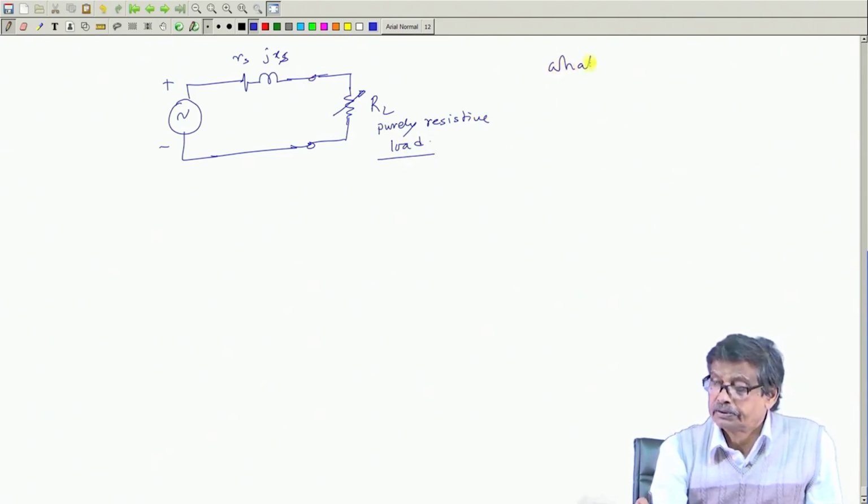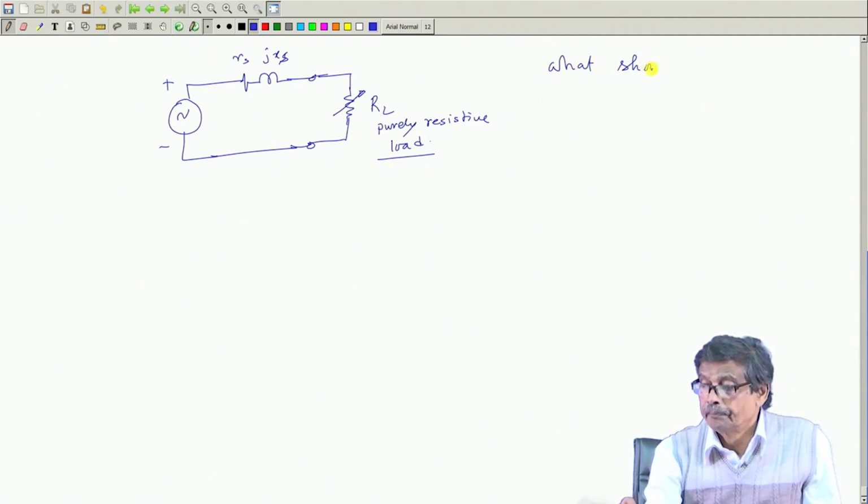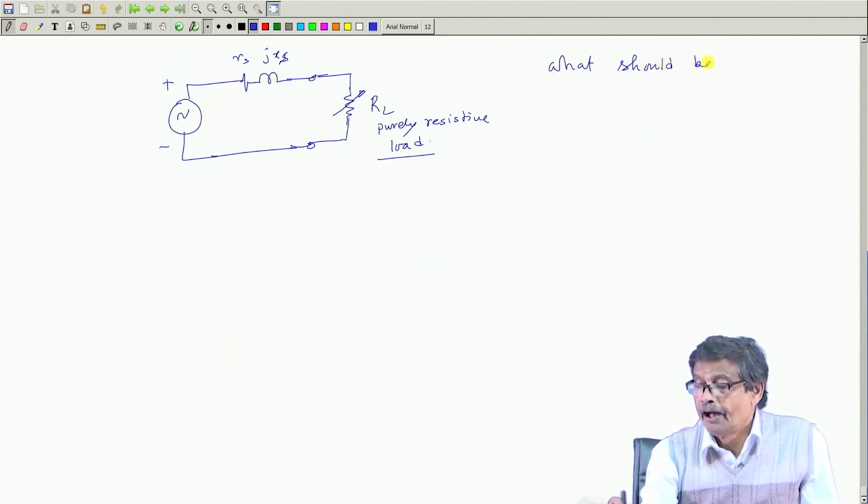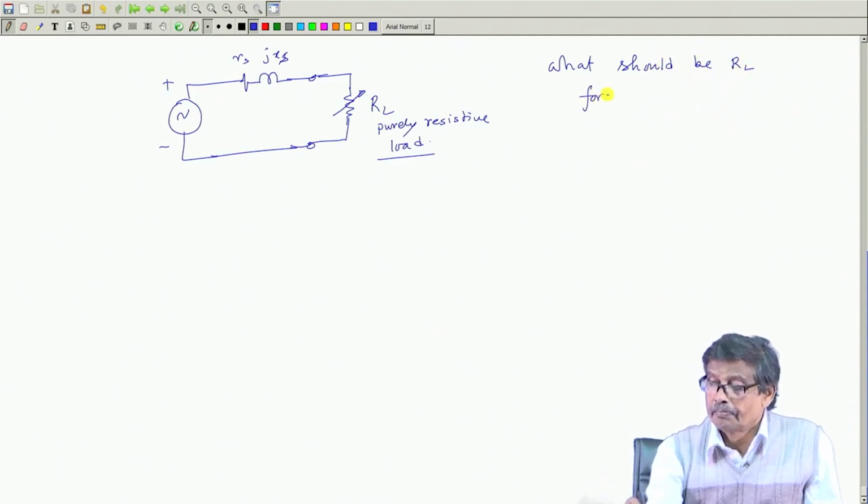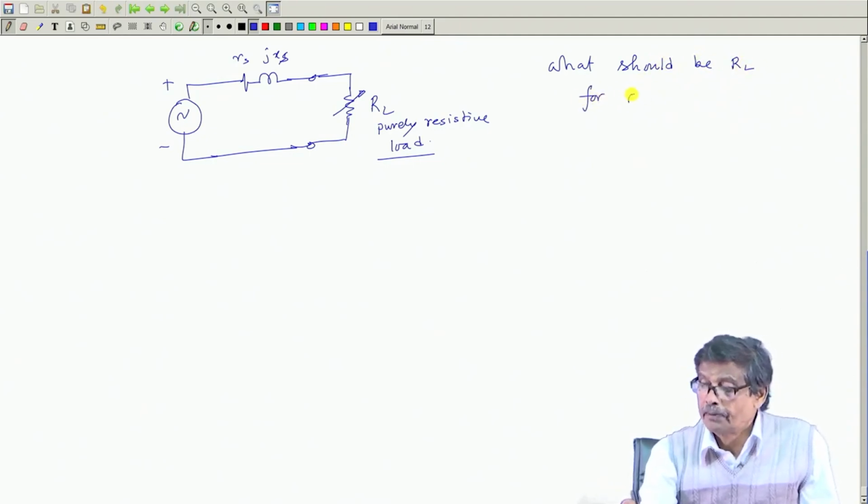What should be RL for maximum power delivered to RL?